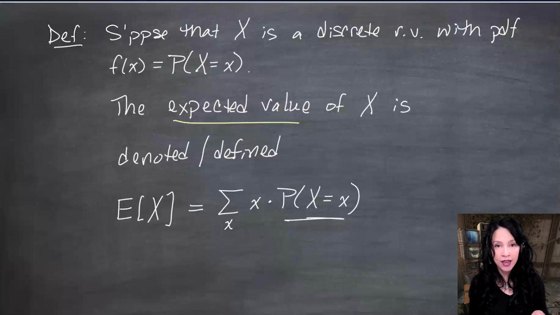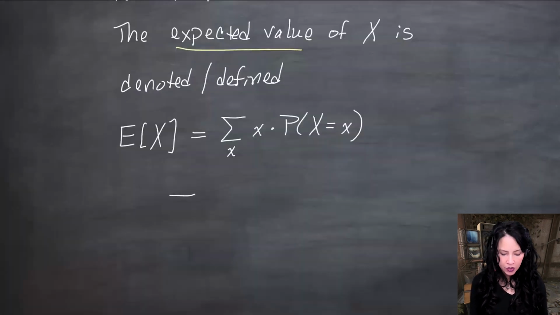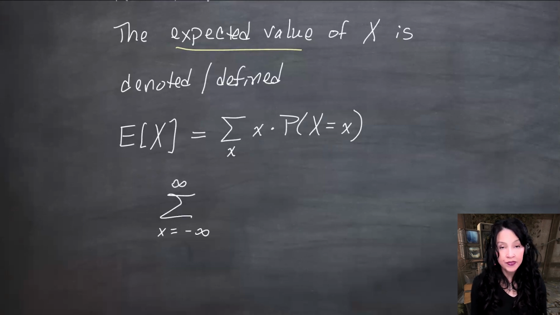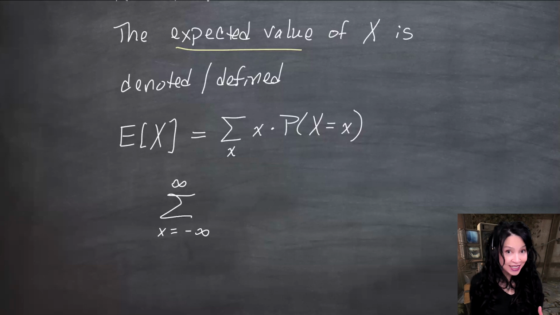So it's okay to sum over all possible x, but what I purposely did not write was the sum as x goes from minus infinity to infinity, because that looks like you're summing over integers. And just because the random variable is discrete doesn't mean it's necessarily integer valued.